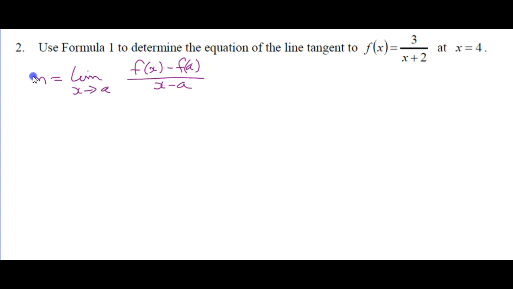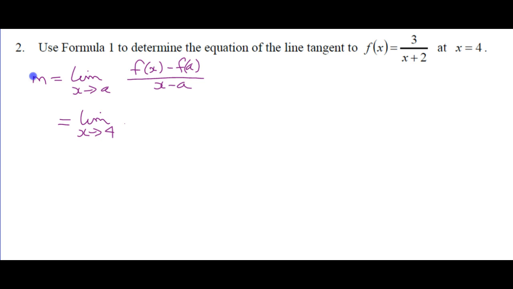All right, so we want to find the equation of the line tangent to f of x at x equals 4. It asks us to use Formula 1. So Formula 1 is the slope is equal to the limit as x approaches a of f of x minus f of a over x minus a. So it's the limit as x approaches what value? 4. We want the x value to be 4.